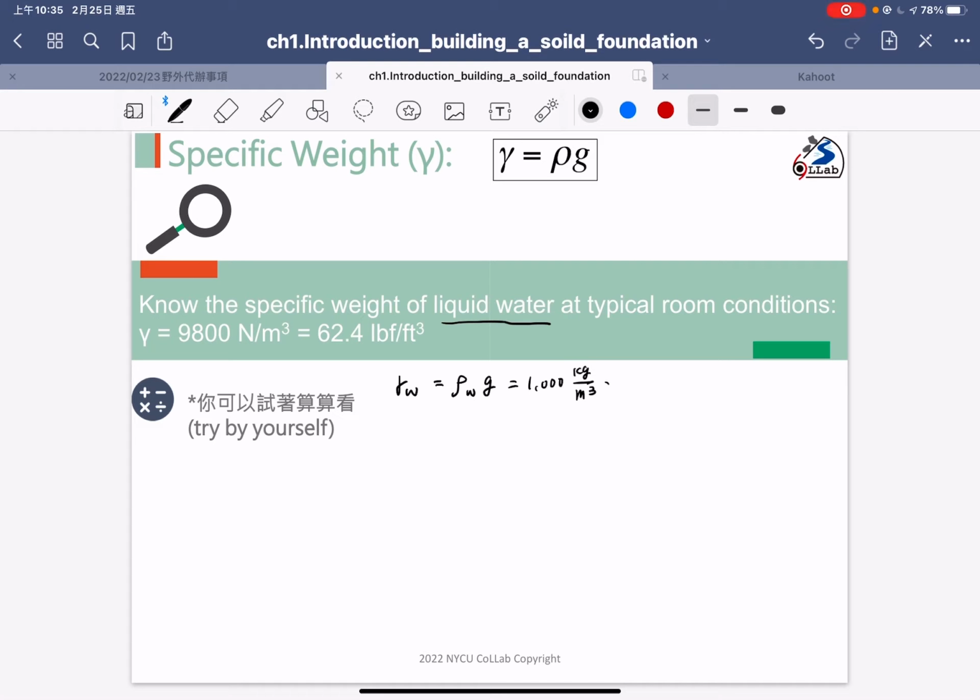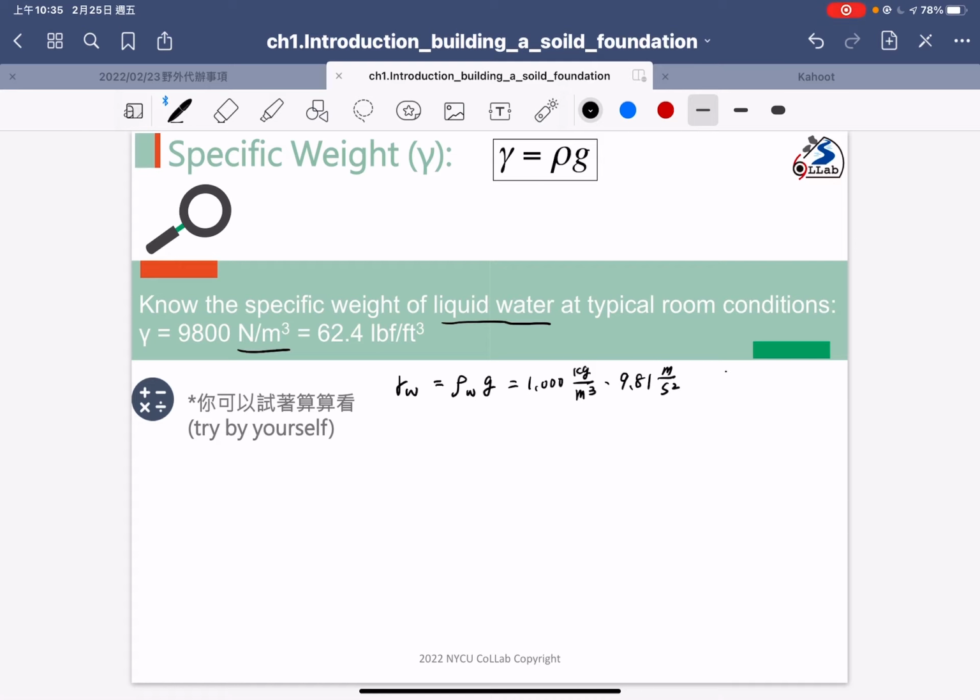And then G is 9.81, and the unit is meter per second square. Okay, but you notice that here the unit for the gamma is Newton per cubic meter.